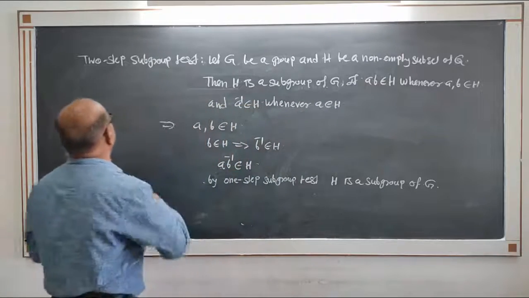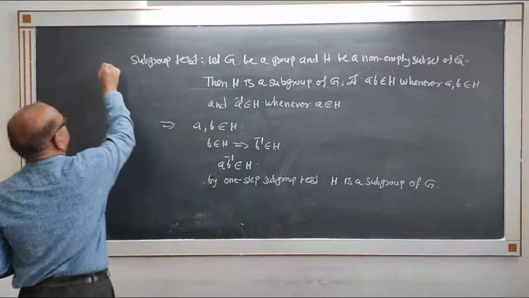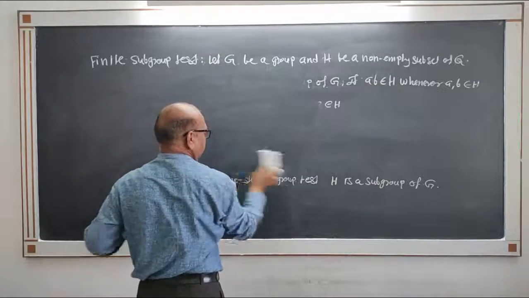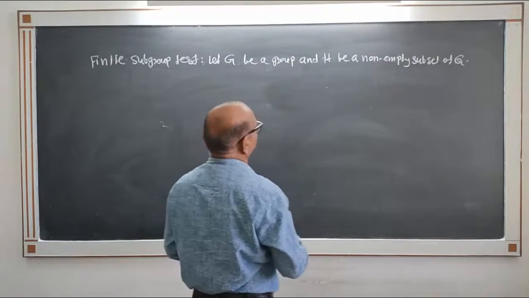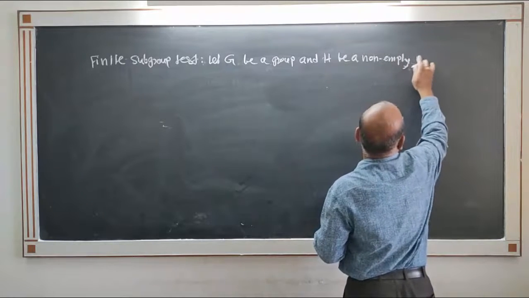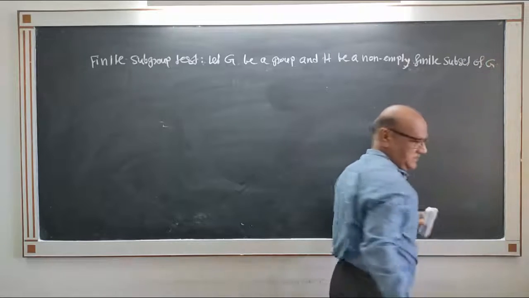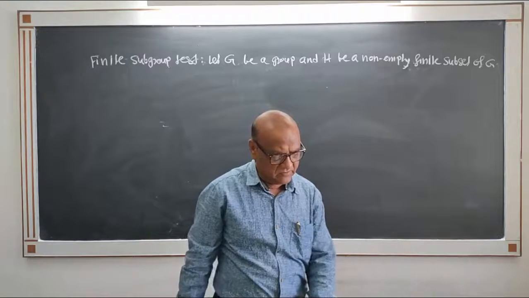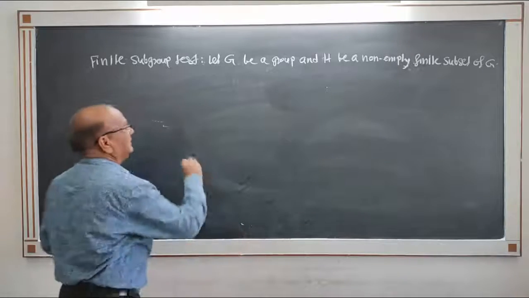Now, next, finite subgroup test. That means, let G be a group and H be a non-empty finite subset of G. If H is closed under the operation of G, then H is a subgroup.